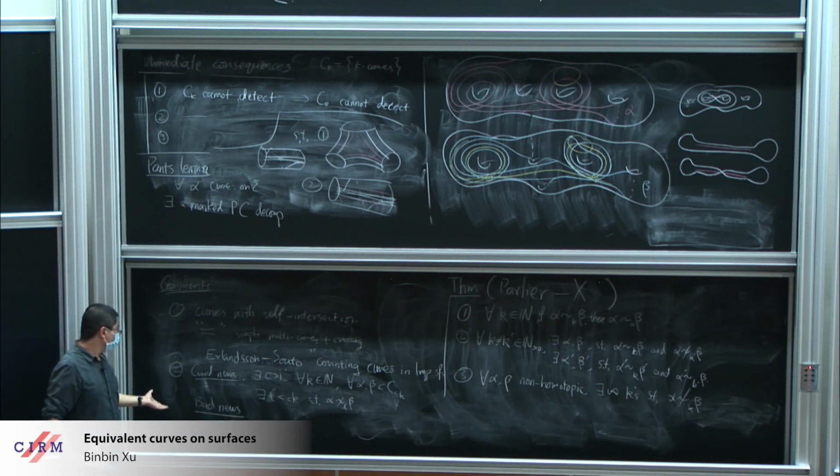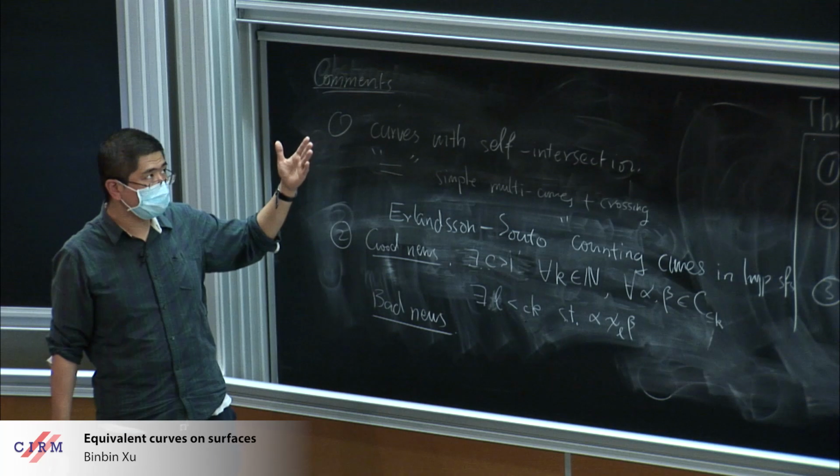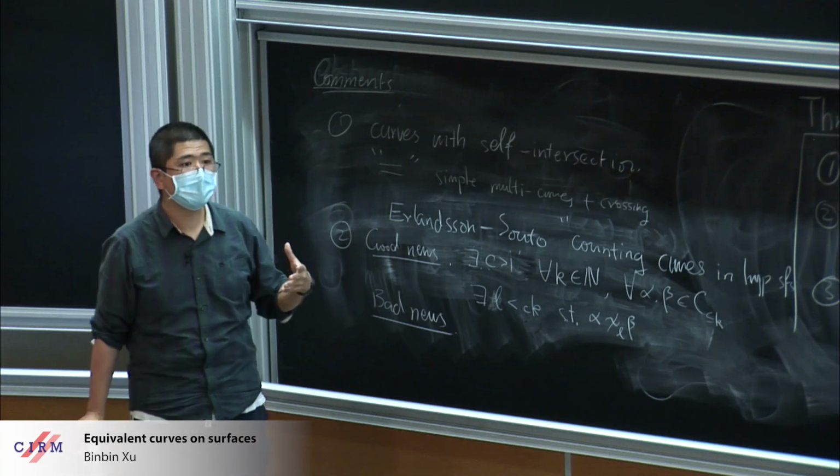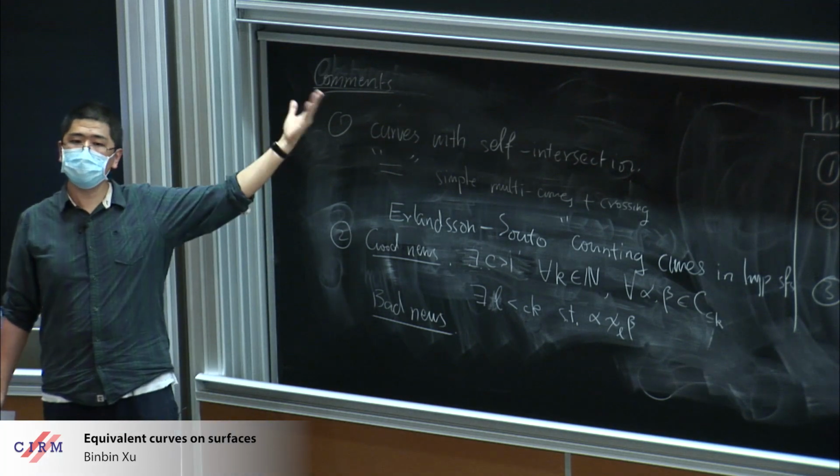the bad news is once alpha and beta include a curve with self-intersection, it's no longer the same as in the simple case. In the simple case, you only need to test the intersection with finitely many simple curves.